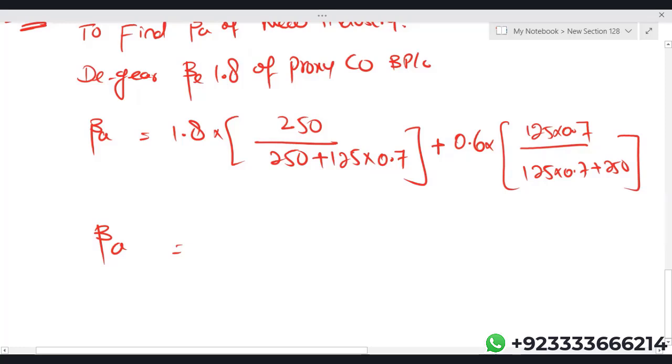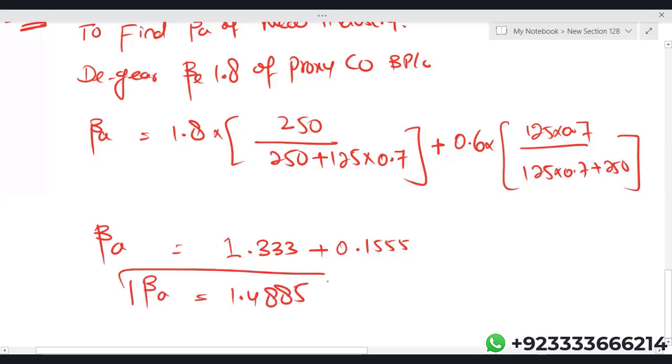I'm getting 1.333, then 0.155. 1.333 plus 0.155, I'm getting beta asset 1.4885.